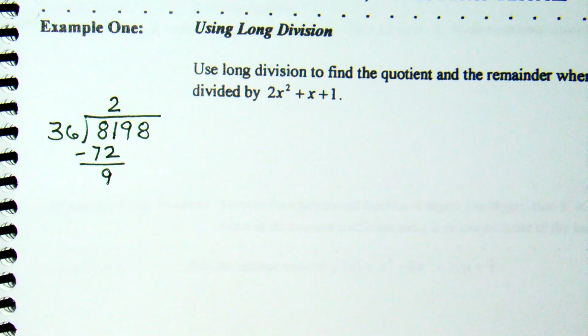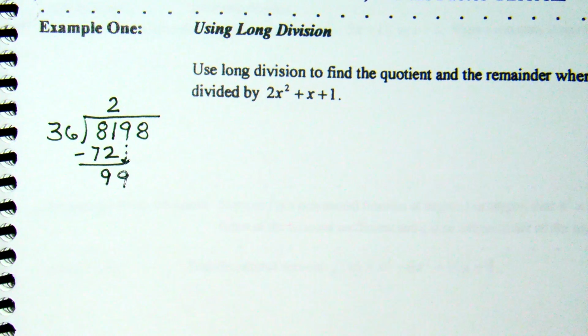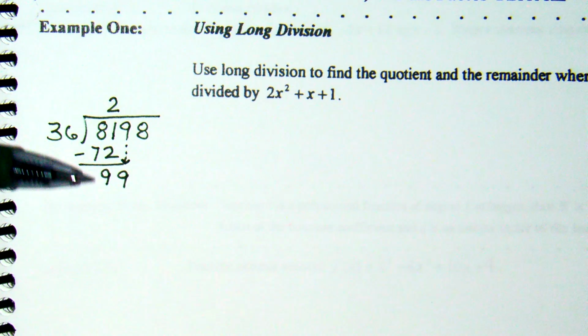Okay, so once we've gotten a remainder there of 9, then drop down the next 9. And then you repeat the process, right? How many times does 36 go into 99? Twice. Because 36 times 3 is 108. Okay, 2 36s is 72.